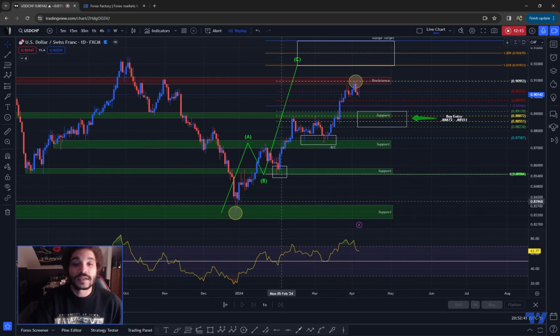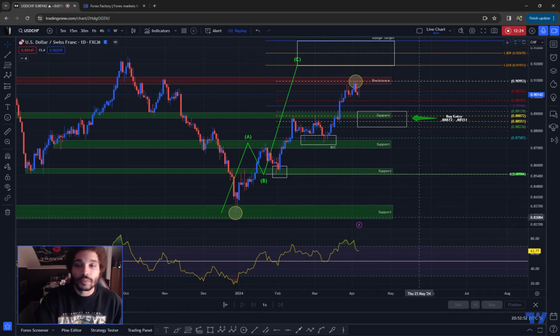It seems like CPI, inflation rather, has really been the moving block for the United States dollar in this bullish move up.